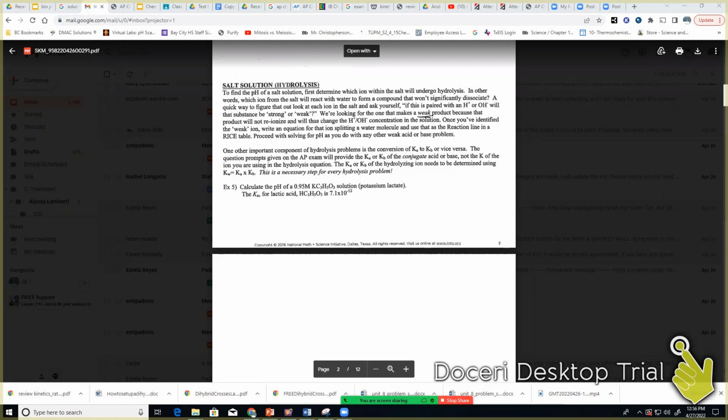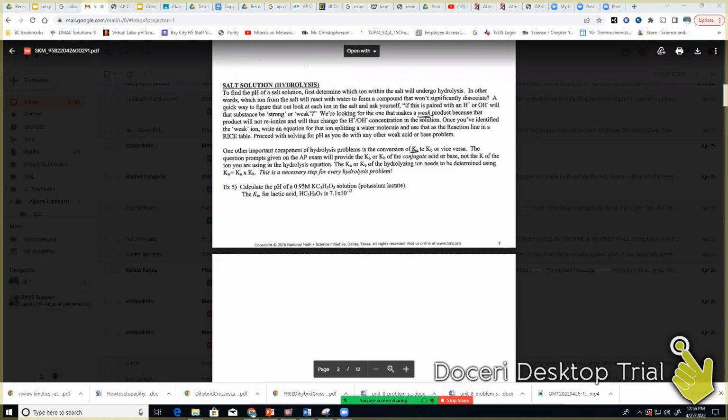Another important thing is that often you will be given a Ka, but when you look at the hydrolysis, you're using the conjugate base, so it's really a base reaction.